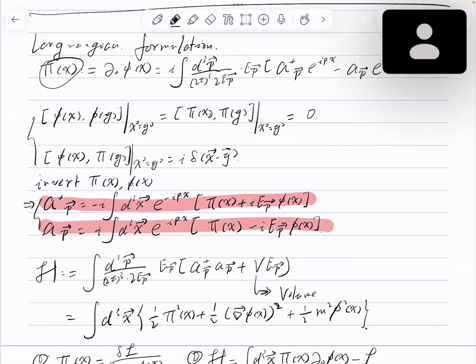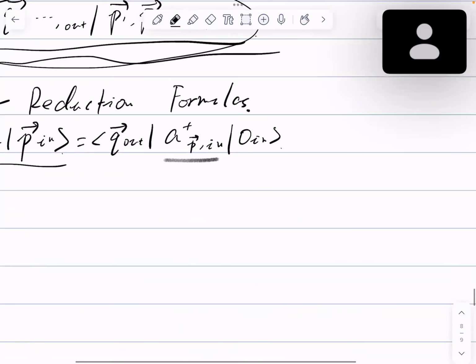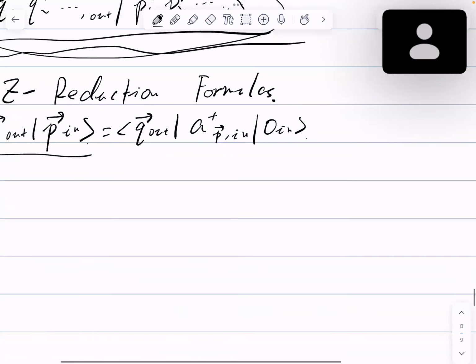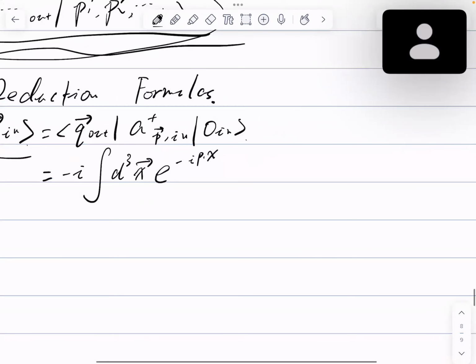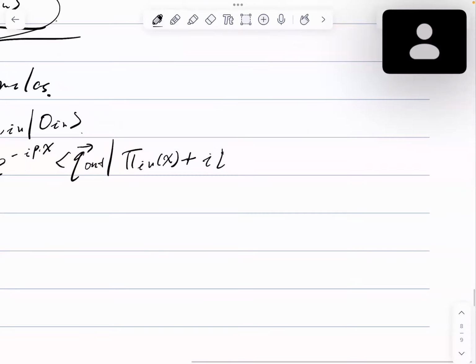Using these two, we can expand such an a dagger and obtain minus i integral d3x e to the minus iPx, Q out, i in x plus i P in x, 0 in.